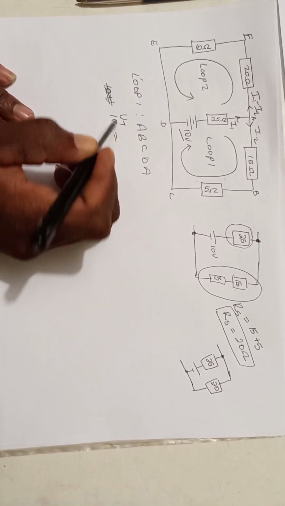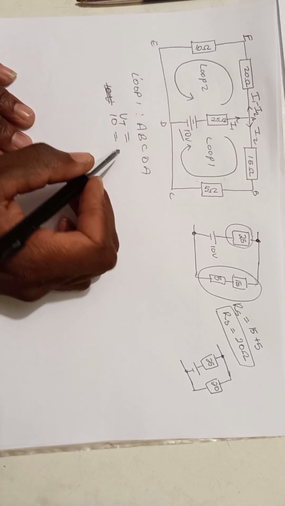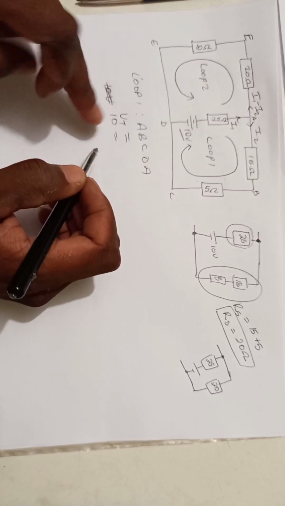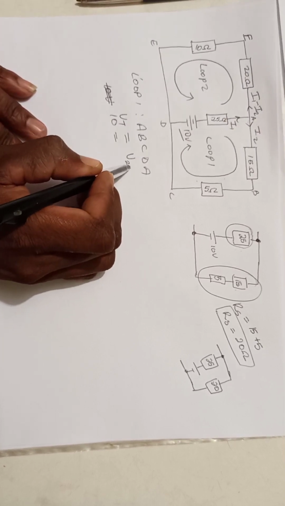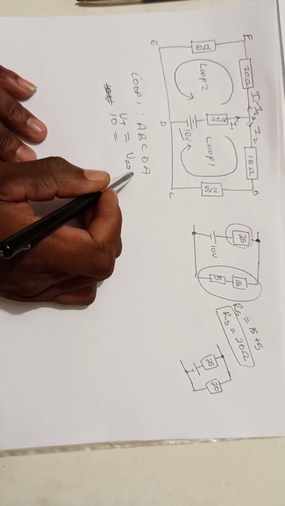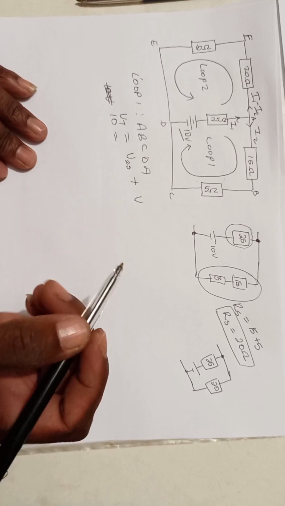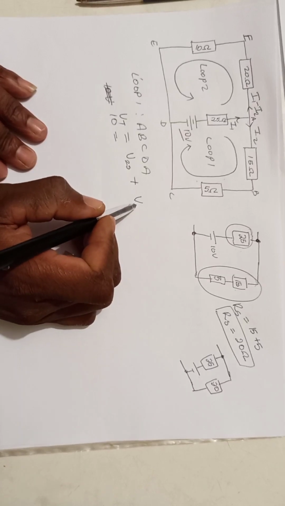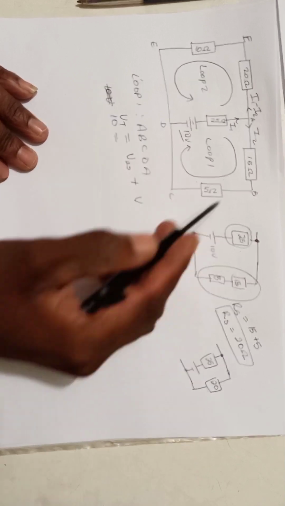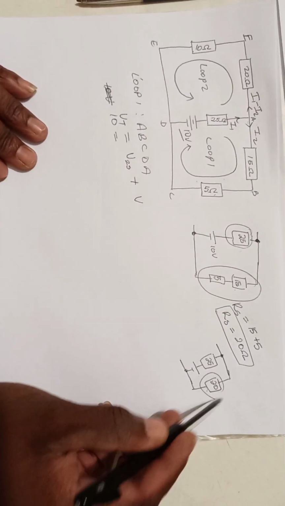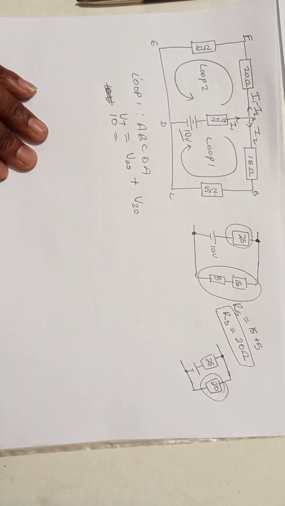So we would say Vt is equal to the voltage across the 25 ohm resistor plus the voltage across the 20 ohm resistor.